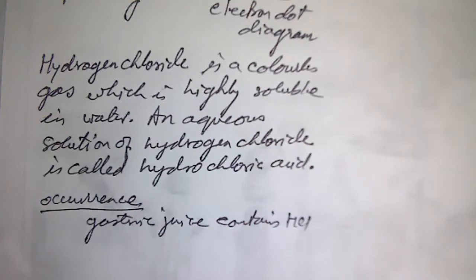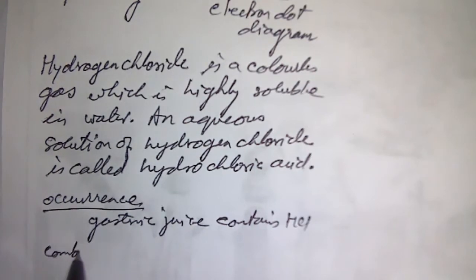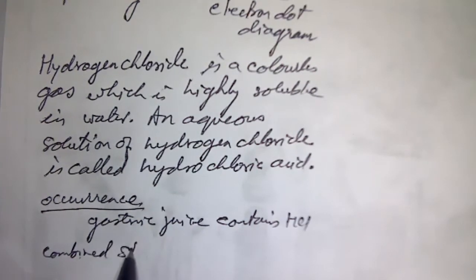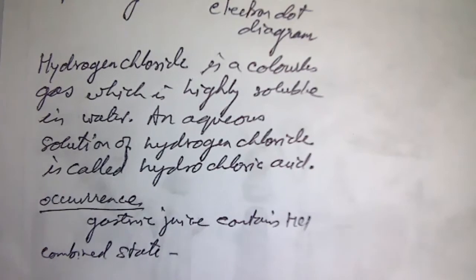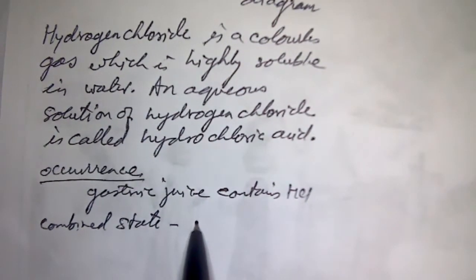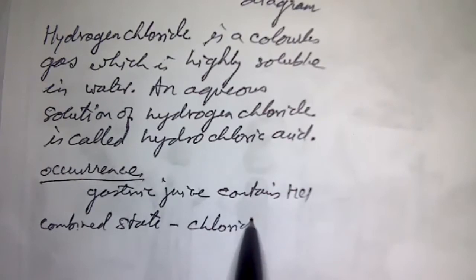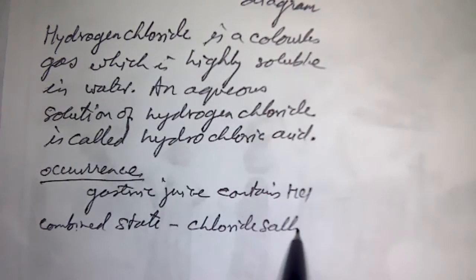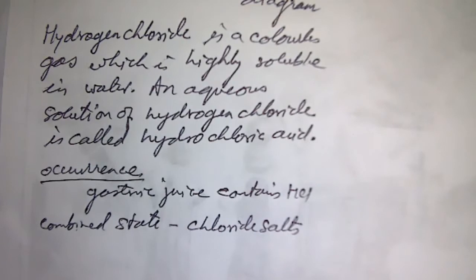Apart from this, this is in free state. In combined state, it is found as chloride salts. Whatever chloride salts are there, they all are coming from hydrogen chloride or hydrochloric acid. The salts are obtained from this. Clear?